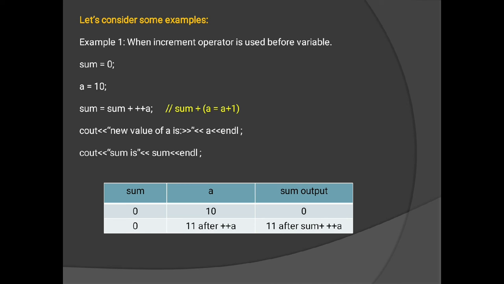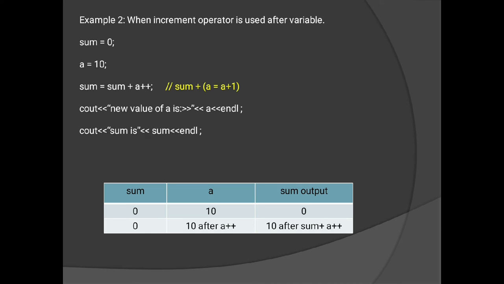All right. So in the second example, when the increment operator is used after the variable, this is postfix increment. Same case: sum is assigned the value 0, a is assigned the value 10. So sum = sum + a++, which is also a = a + 1. Now in the table chart you can see that initially sum is 0 and a is 10, so the sum output is 0.